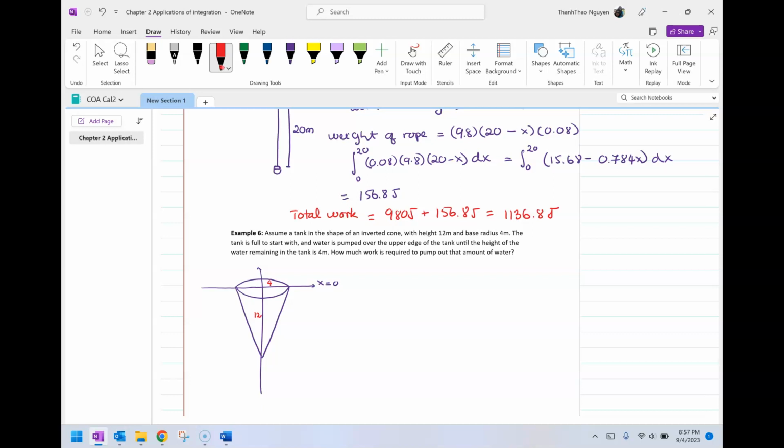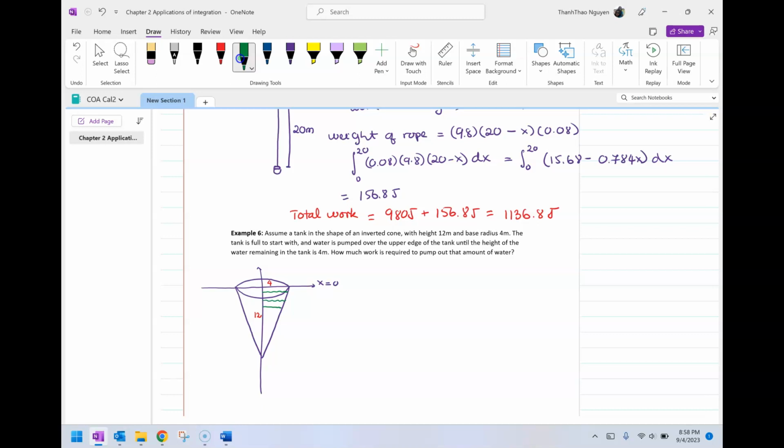Think about this as pumping the water out of the cone, taken off layer by layer, so the water decreases by each layer. Let's say we are pumping the water out and the water level decreases to, say, this point.